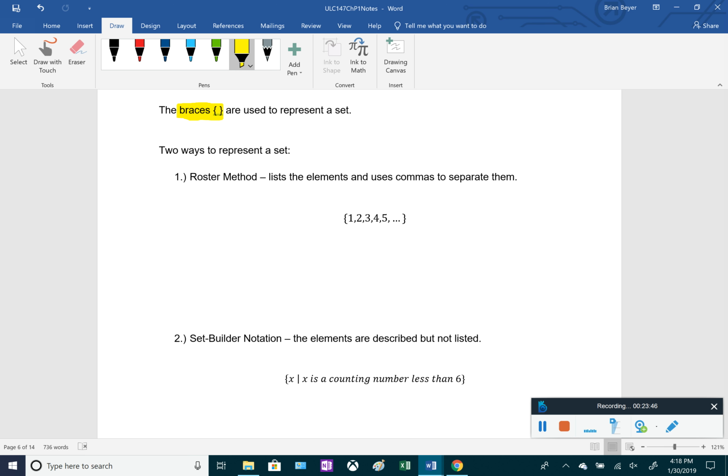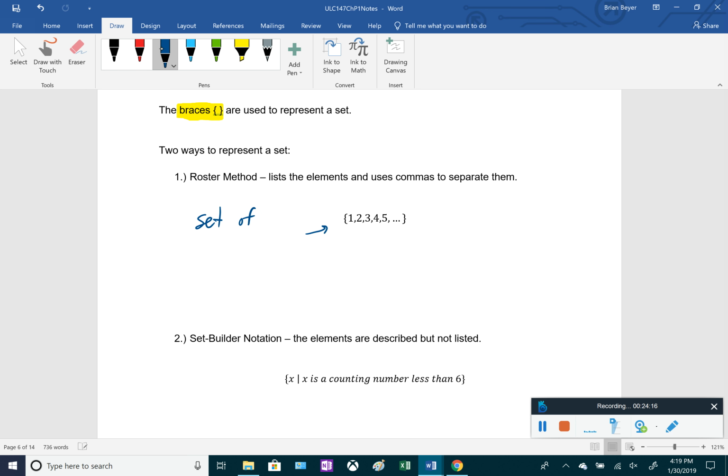So roster method completely just lists the elements out in the set and uses commas to separate them. So here we have the set of natural numbers. If you remember from the previous section, the set of natural numbers, we have just 1, 2, 3, 4, and so on. These are called the counting numbers. Make a little note.